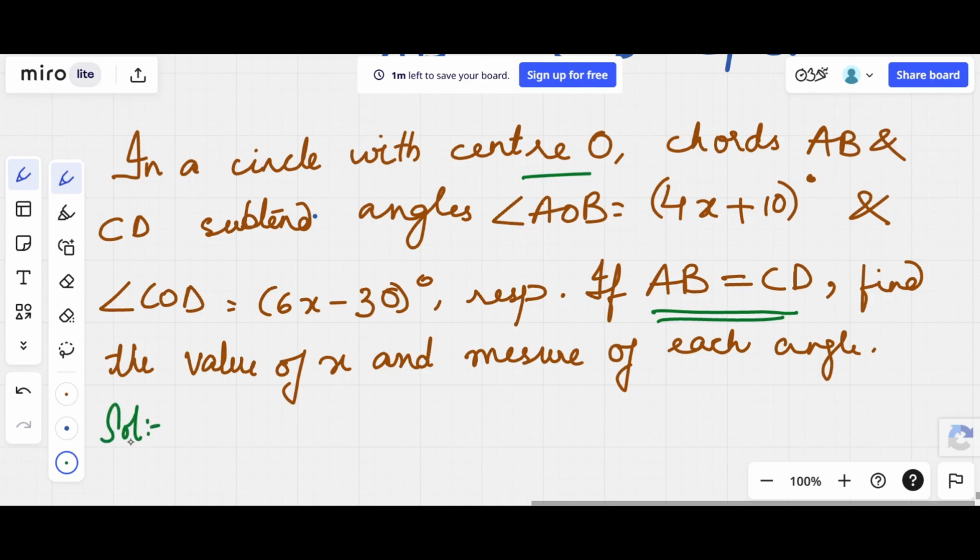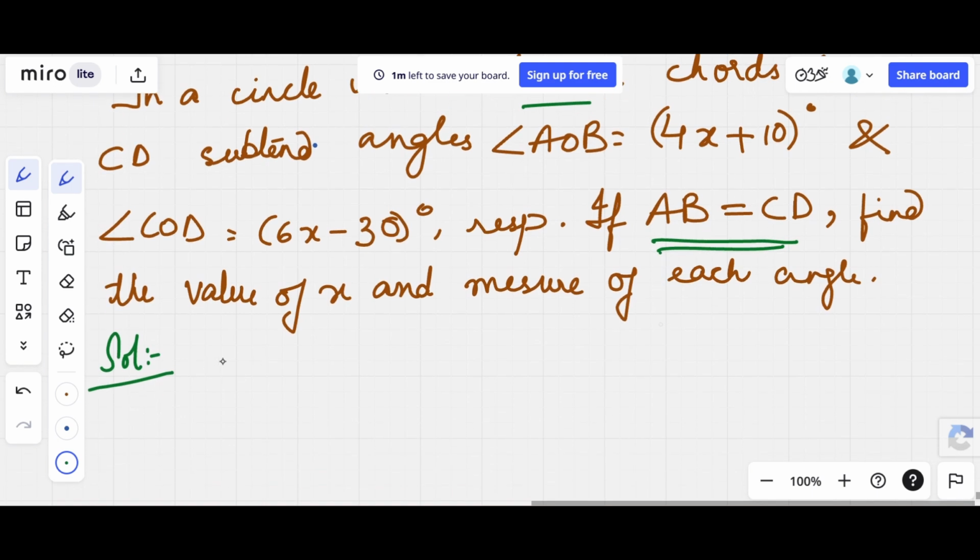Angle at the center. Exactly. So it is theorem number 2. We will say, since chords are equal... Now we don't have to prove the theorem. You are applying the theorem.